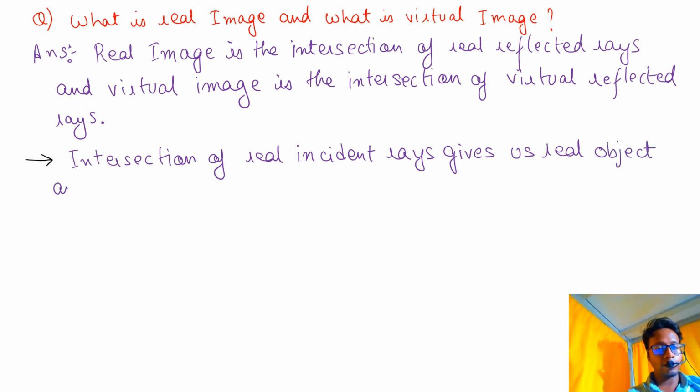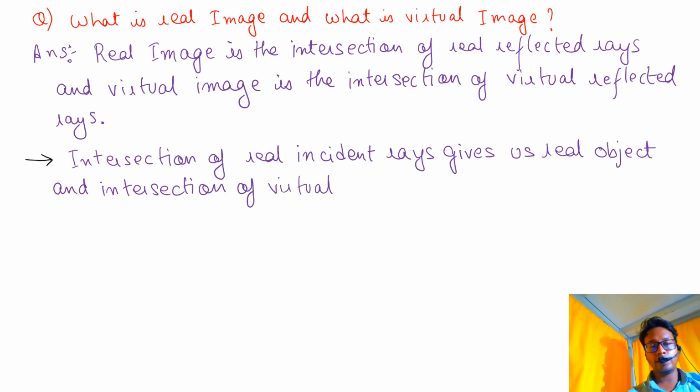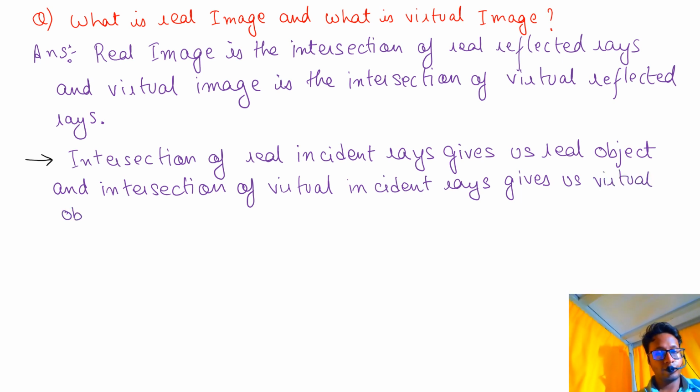And an intersection of virtual incident rays gives us virtual object. Okay, by now we have a fairly good idea of what is real object.